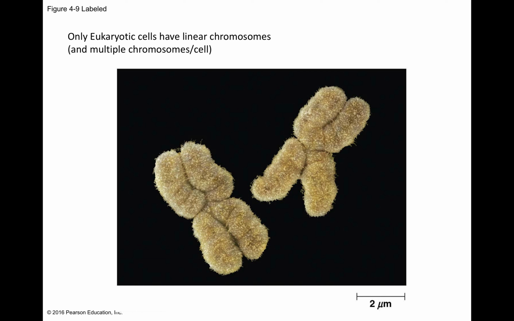You would only see chromosomes that look like this during cells that are getting ready to divide, getting ready for mitosis, and see individual multiple chromosomes per cell. That is also a eukaryotic feature. In prokaryotic cells, you typically have one circular chromosome per cell.